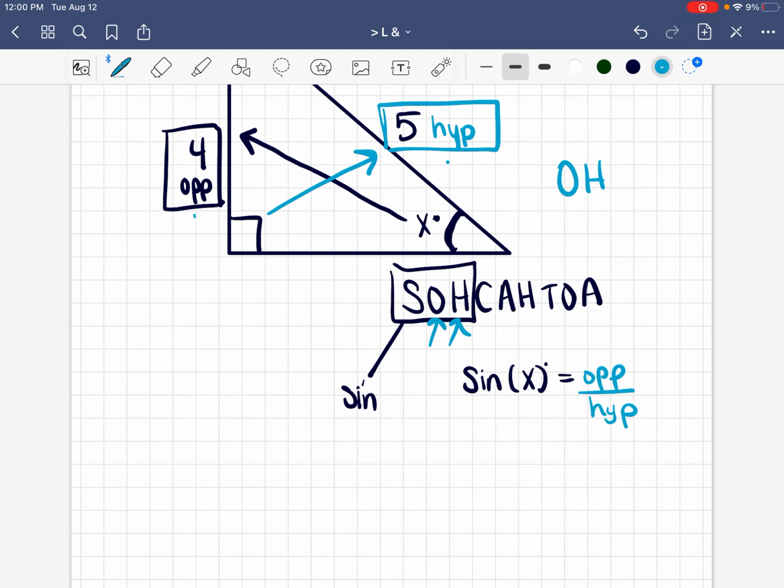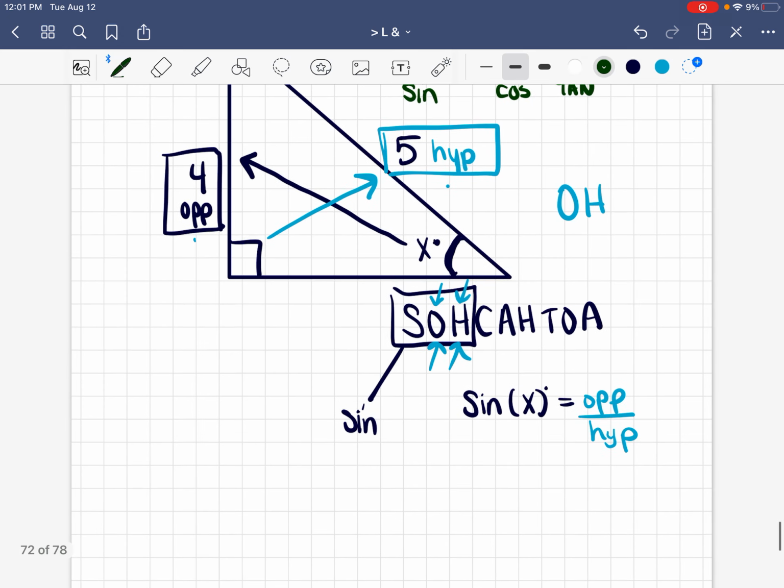So if you can remember SOHCAHTOA, then not only can you remember what sides you need for each, but you can also have the equations right in there. Whatever letter comes first goes on the top, whatever letter comes second goes on the bottom. So now let's fill in the information that we have for this problem. So we have sine of angle X is equal to, the opposite was 4, and the hypotenuse is 5.